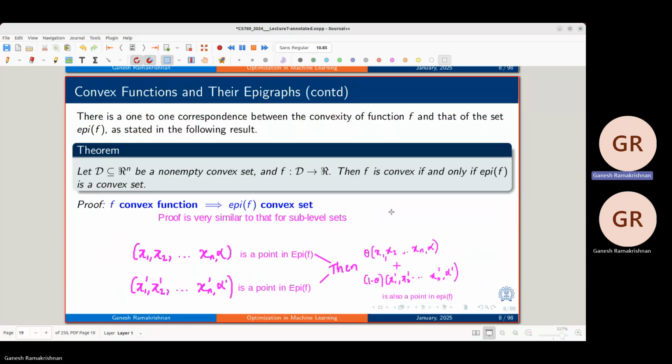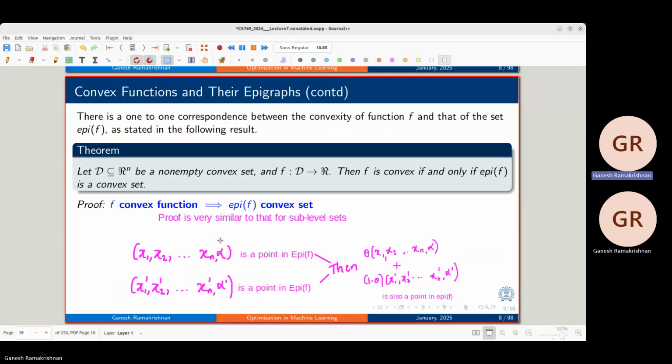Nothing changes at all. In fact, the only difference will be that now you have points of the form x1, x2, up to xn, comma alpha. So the difference is that you have brought in a new point alpha, because you're now considering a convex combination of two points here. So this is x1, x2, and so on, alpha, and this is another point, x1 prime, x2 prime, and so on, alpha prime.